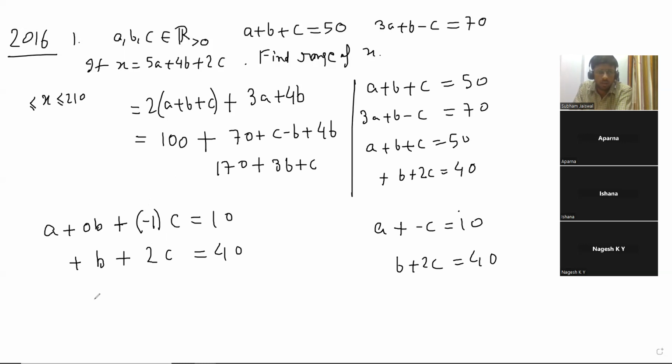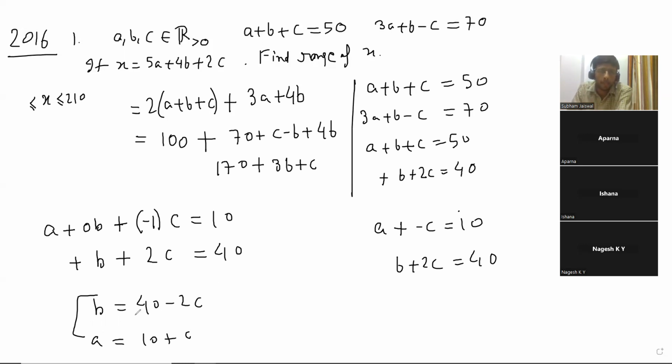And for us, then b becomes 40 minus 2c. And this is all we will need because a we have already eliminated. So b is 40 minus 2c and also a is 10 plus c. The point is that I knew I could solve for a and b in terms of c. Doing it is easy, but also we write it systematically.